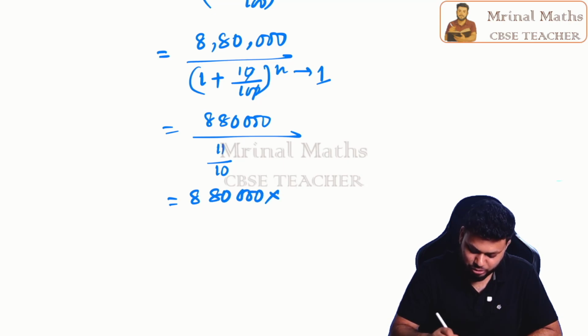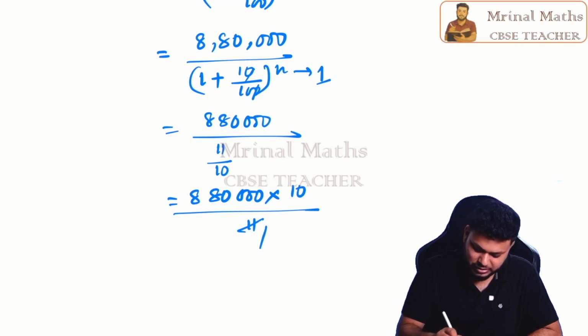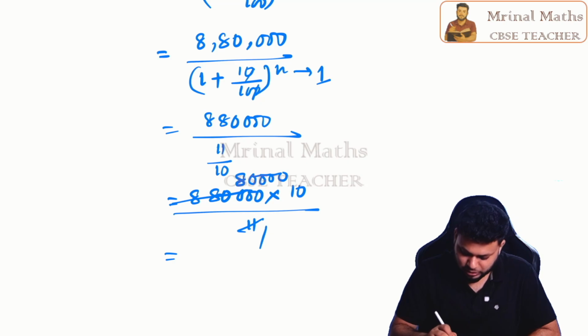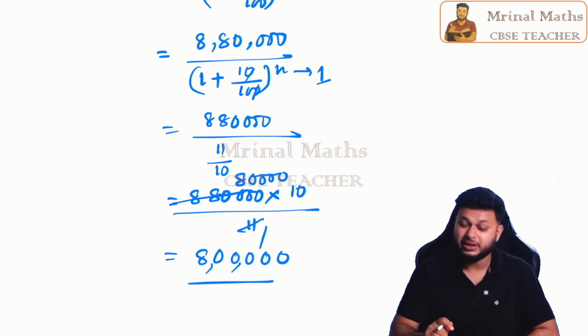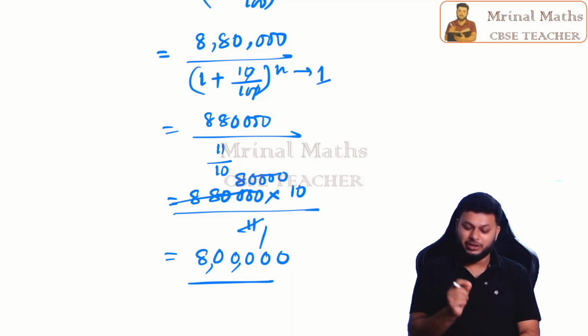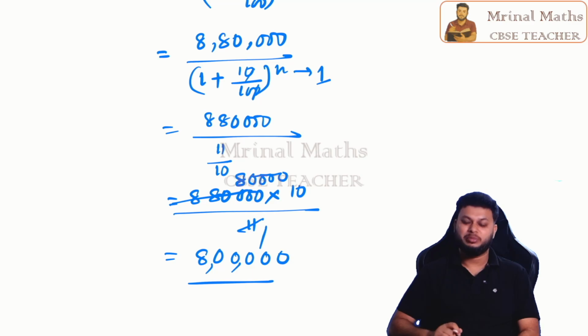If you take the reciprocal of this, 10 by 11, 11 ones are 11, 11 eights are 88, into 10. So how much will be income 1 year back? So the income will be 8 lakh rupees 1 year back.